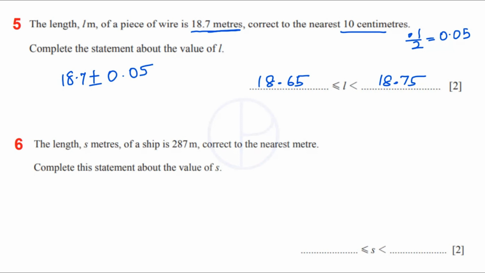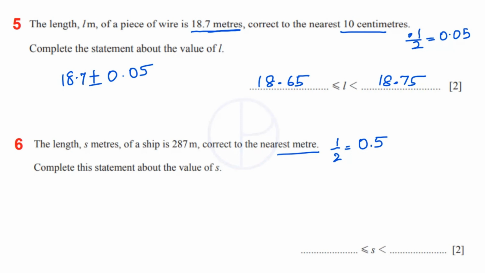The next question is the length S meters of a ship is 287 meter, correct to the nearest meter. Complete the statement about the value of S. So nearest meter is 1 over 2, which is equal to 0.5.